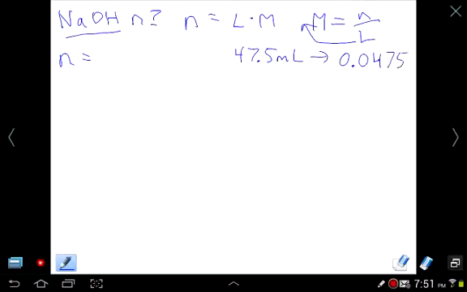This is a little bit of a shortcut. We can convert from milliliters to liters, hopefully, by this point. So let's multiply liters times molarity.